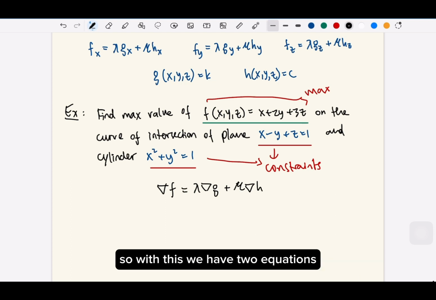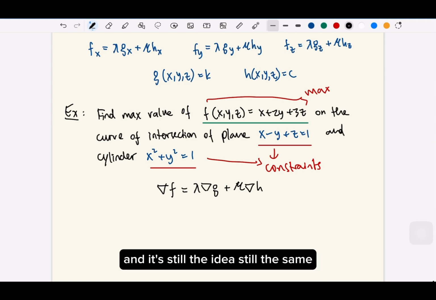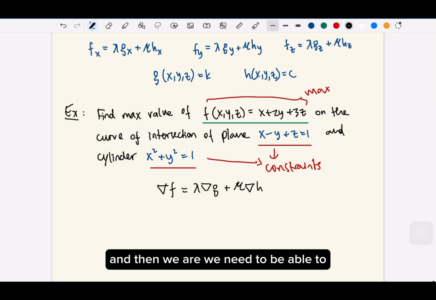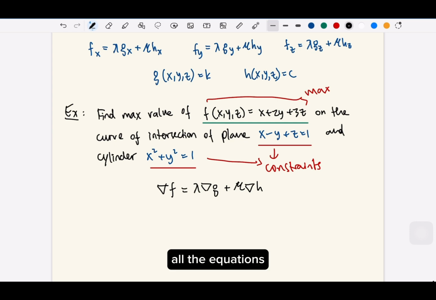So with this we have three equations. So partial x, partial y, partial z. And then still, the idea is still the same. We need to solve the equations inside. Sometimes we need to substitute and then solve all the equations.